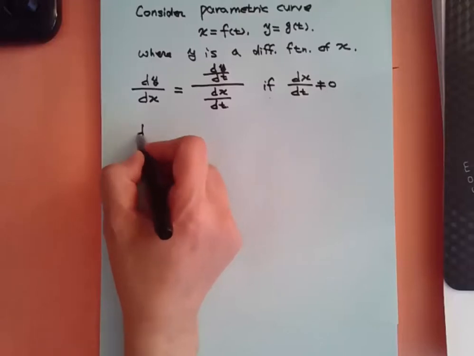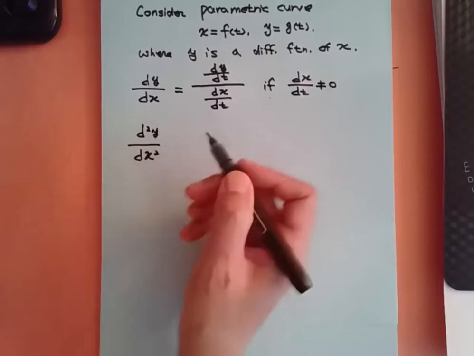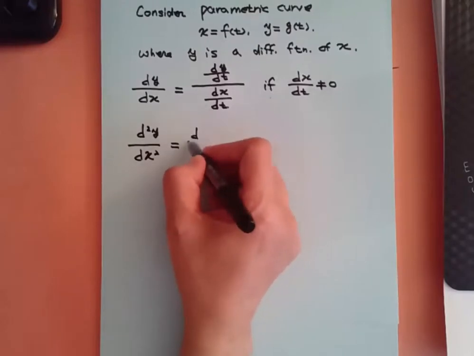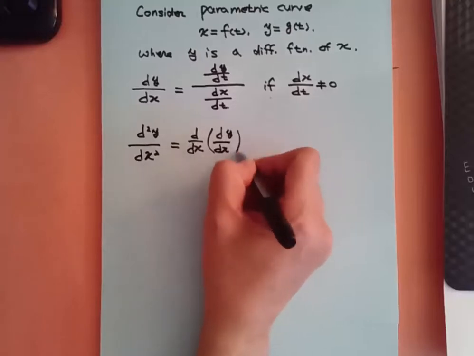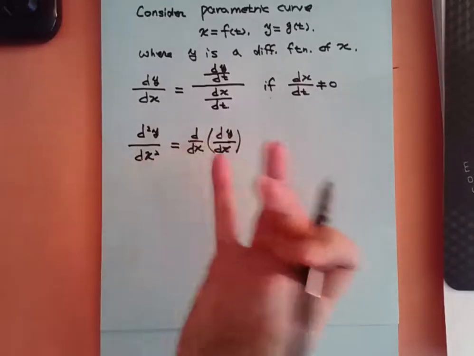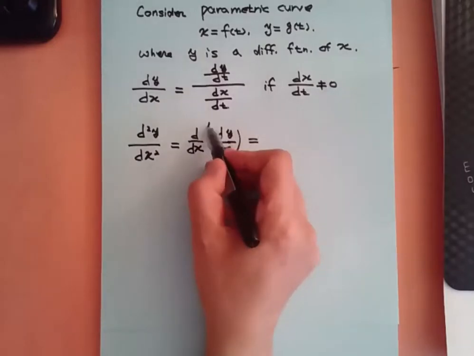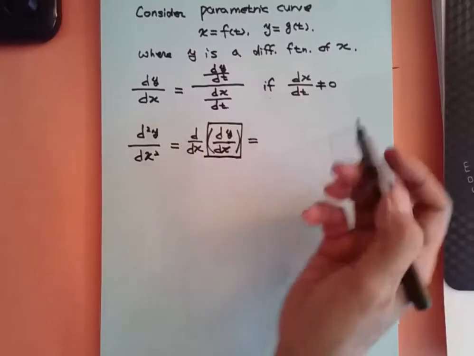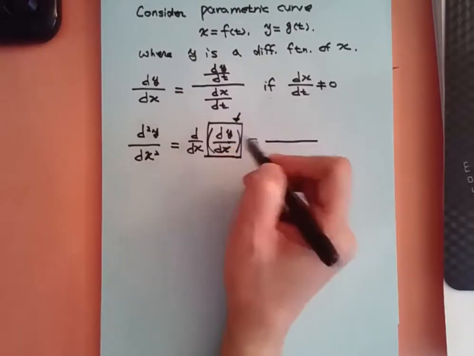For the second derivative, we extend the principle. The second derivative comes from d over dx of dy over dx. We differentiate the first derivative with respect to x again. So dy over dx can be regarded as a function, indeed a function of t.